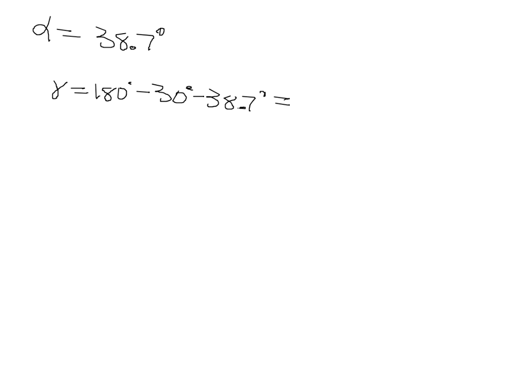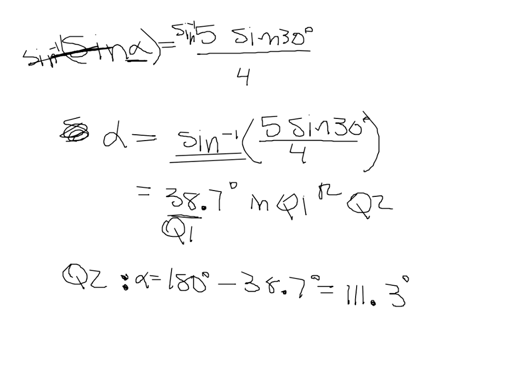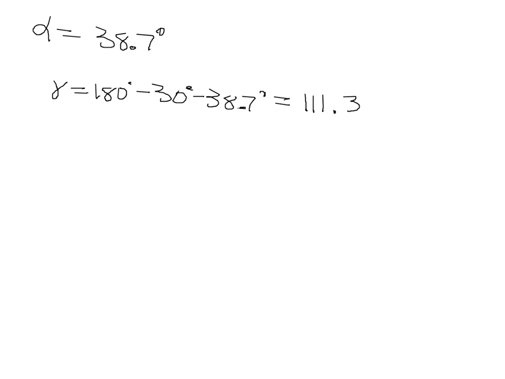Okay, it's equal to 111.3. Oh, hang on. I think I may have messed up. Okay. 180 minus 38.7 is 141. Okay. So that's my second quadrant angle.